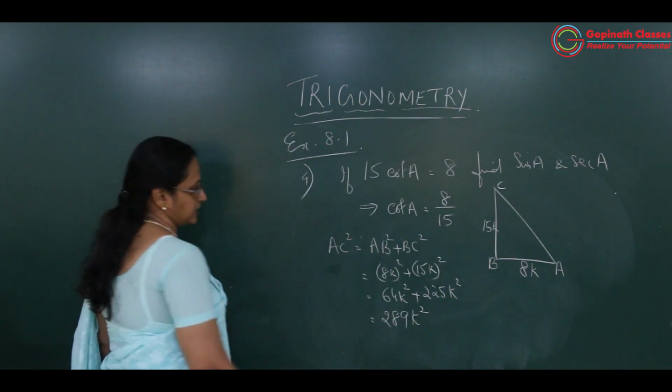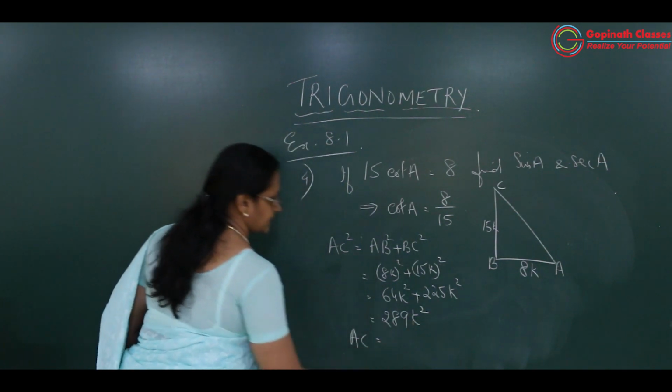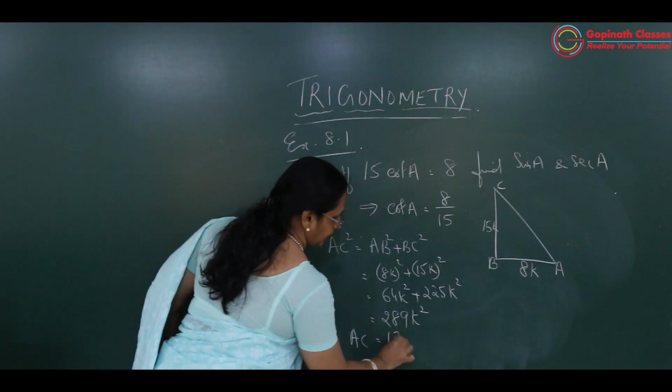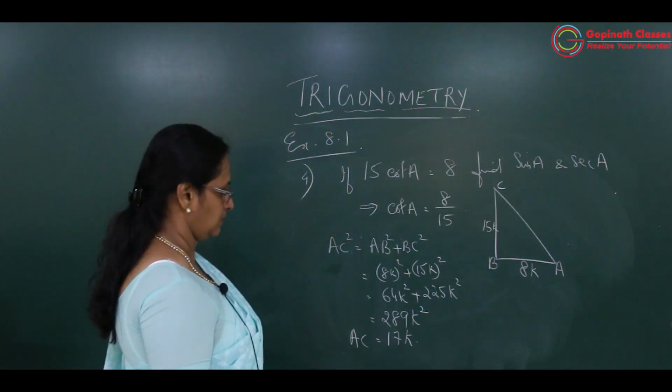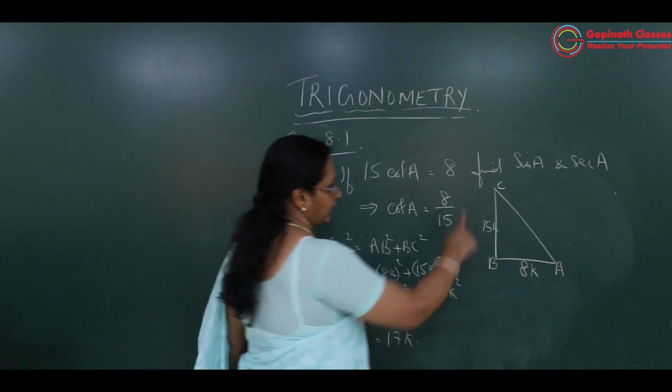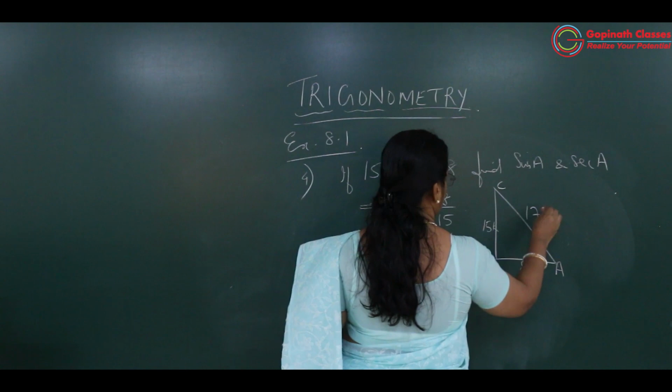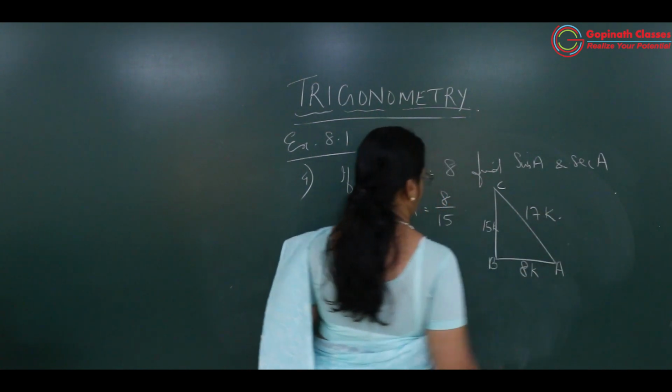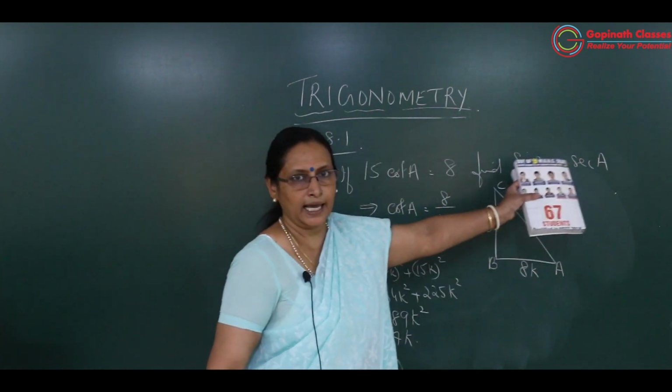AC square is 289k square. So AC is nothing but 17k. So 15, 8 and 17. So you are getting this AC as 17k. Now you can calculate sin A and sec A.